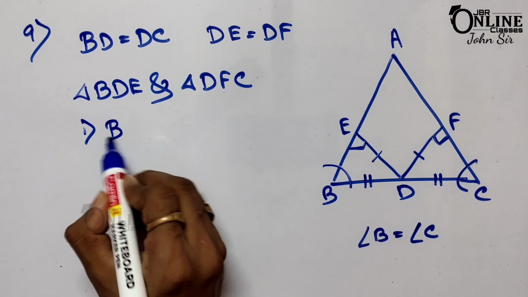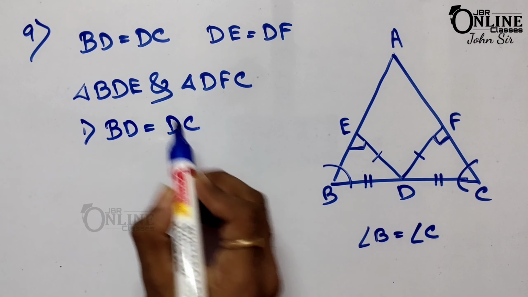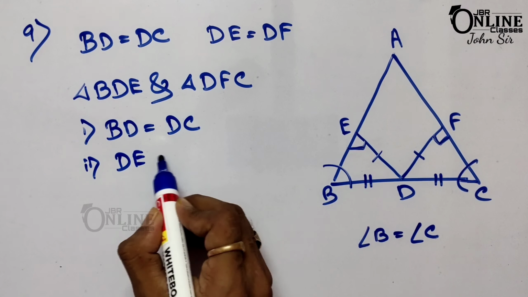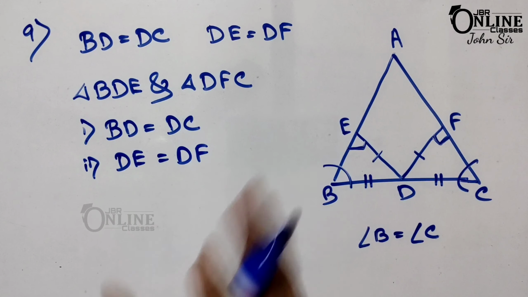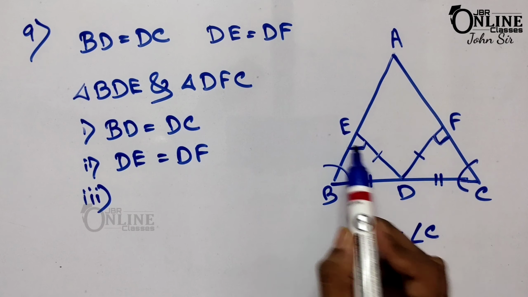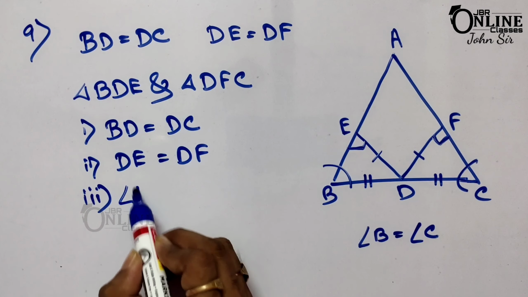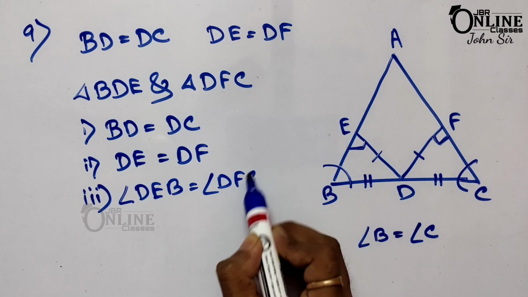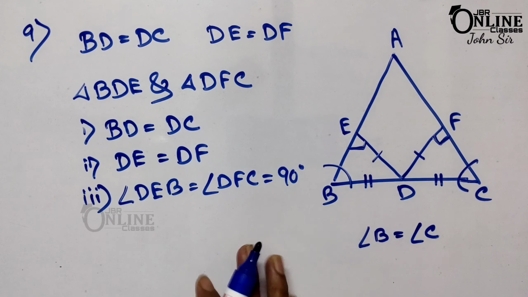So here the first condition is BD equals DC. It's given. Second condition is DE equals DF. It's given also. And the third one, what will be the third one? The third one is that 90 degrees. So angle DEB equals angle DFC, both equal to 90 degrees.